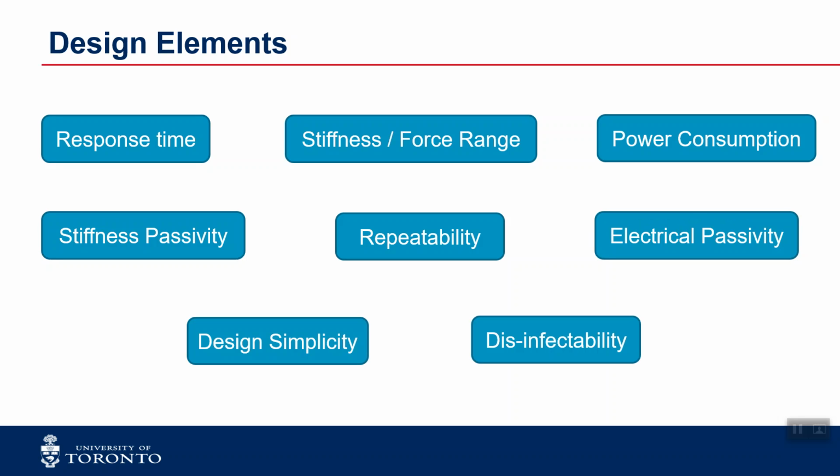Let's say for the response time, we can define it as the time that it takes the tactile display to update its property, which is normally the force or the stiffness, to the desired value. It can be several milliseconds, hundreds of milliseconds. These are all the design elements for tactile displays that we gathered from the literature.